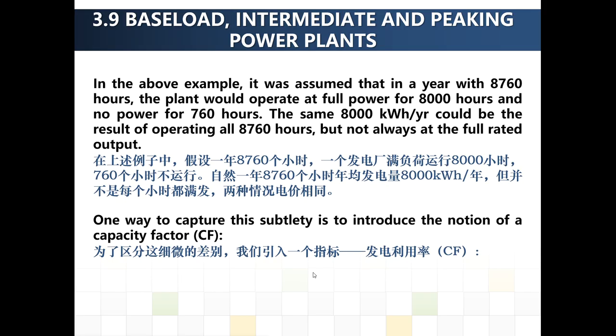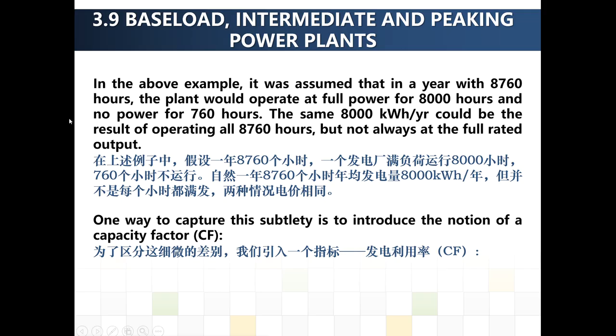In the above example, it assumed that in a year with 8,760 hours, the power plant would operate at full power for 8,000 hours, and there's no power for 760 hours. So probably those 760 hours are the maintenance hours.